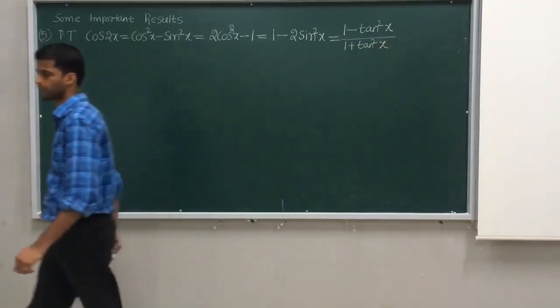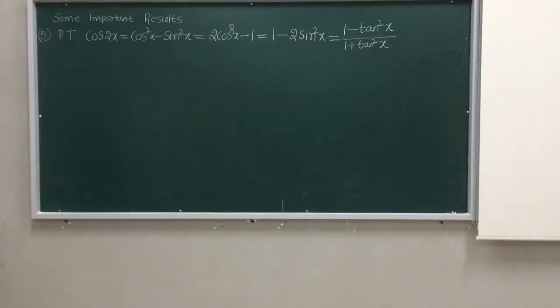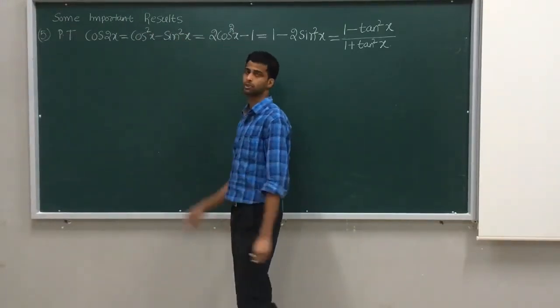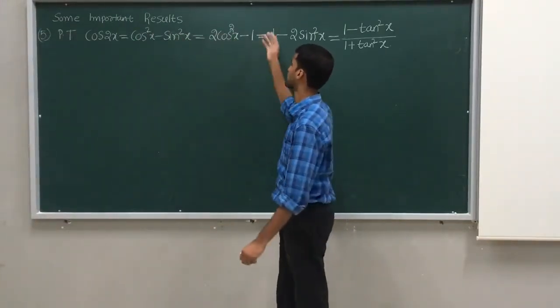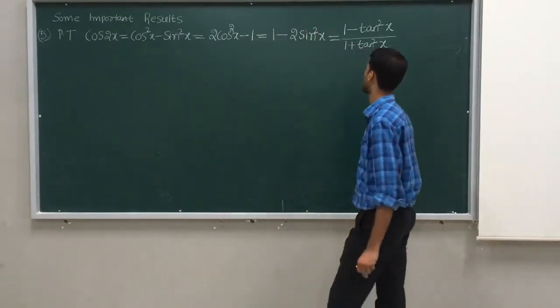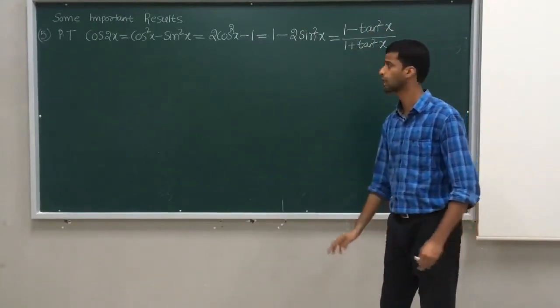So cos 2x has these similar forms: cos square x minus sin square x, 2 cos square x minus 1, 1 minus 2 sin square x, and 1 minus tan square x divided by 1 plus tan square x. So let me prove this result.